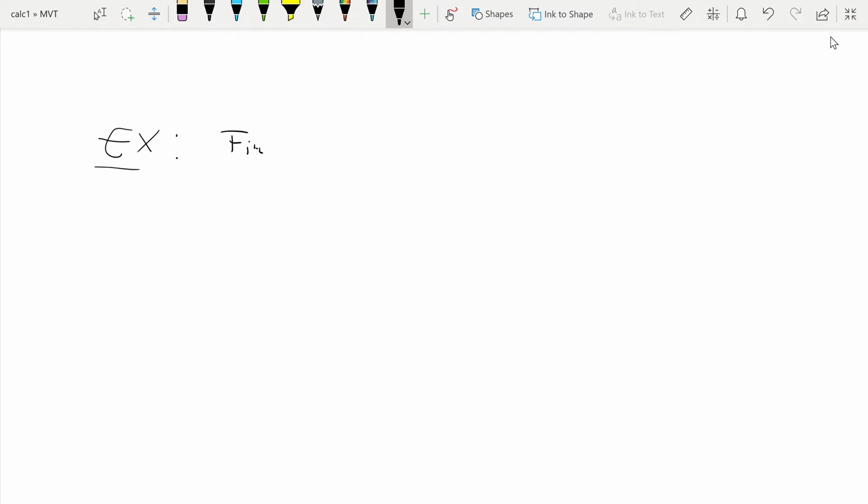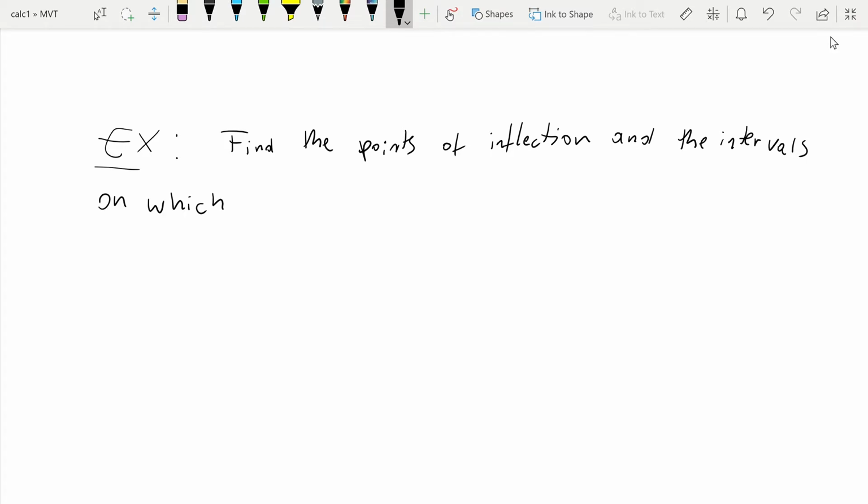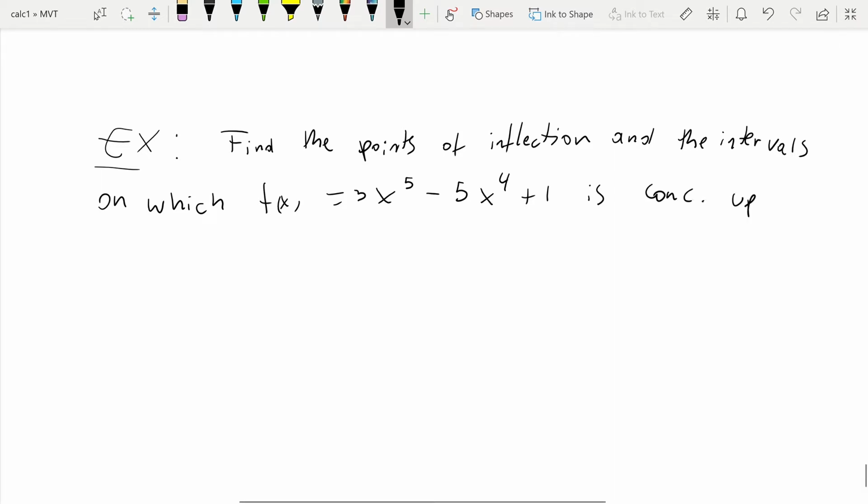So find the points of inflection and the intervals on which f of x, equal to 3x to the fifth minus 5x to the fourth plus 1, is concave up and concave down.